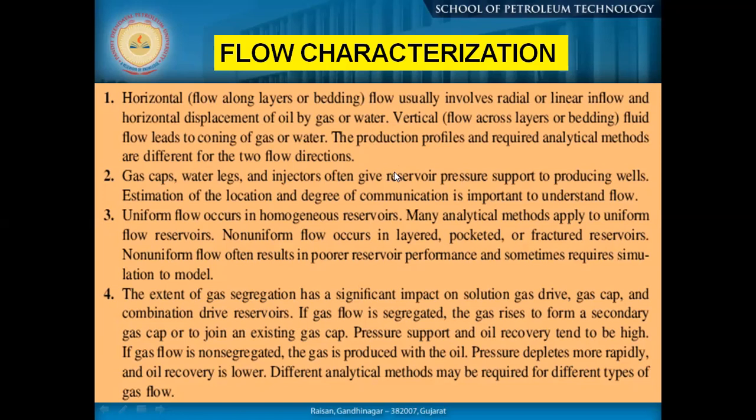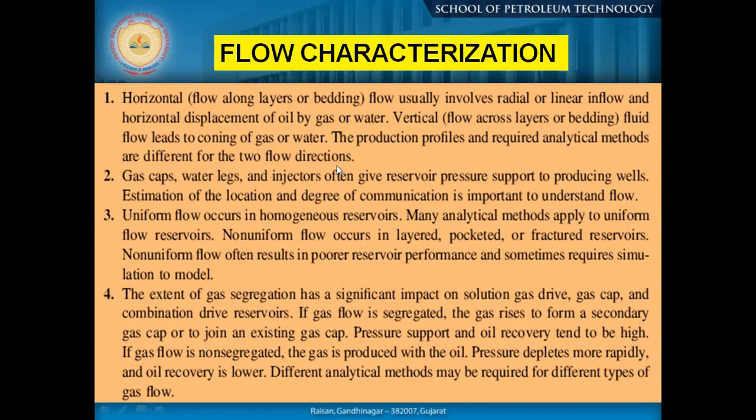That helps us understand different types of flow, that means the flow regime: it may be radial flow, elliptical flow, linear flow, or bilinear flow. That helps us understand different types of flow support during the flow, right from the well to our reservoir boundary. So gas cap, water legs and injectors will give reservoir pressure support in the producing well.